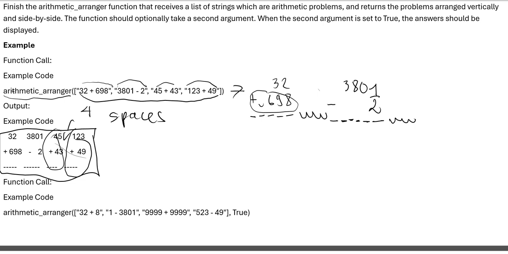So here I have an example format, 32 plus space 698, and on a new line, we're going to print out a sequence of dashes, whose amount is equal to the longest line of the problem. So here in this example, the longest line is the second line, and it has 1, 2, 3, 4, 5 units, meaning that the amount of dashes should be 5.